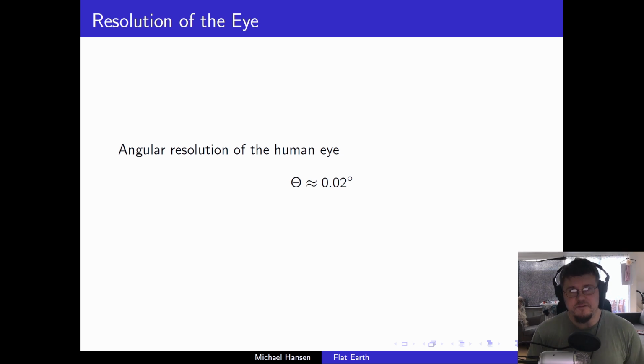But the number that I could find that seems reasonable in this connection is 0.02 degrees. So whenever we have an object whose angular size is 0.02 degrees or less, our eye will no longer be able to resolve that object. All right, let's go on.